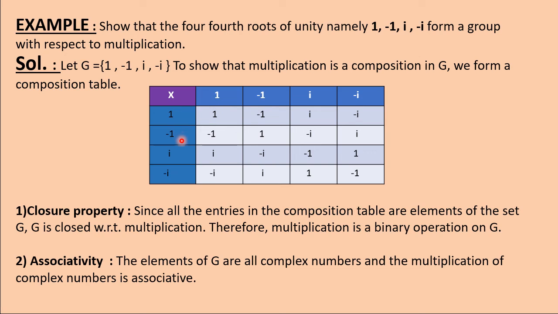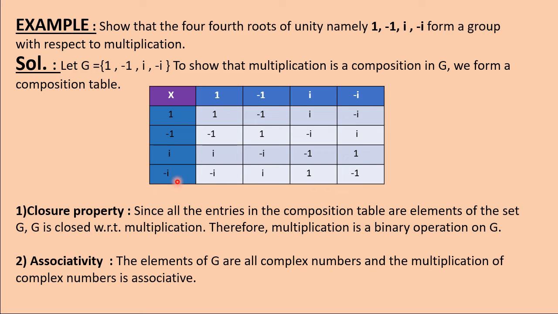Now next one is minus 1. So inverse of minus 1 will be minus 1 since minus 1 into minus 1 is equal to identity element which is 1. Third one is inverse of I. It will be minus I since I into minus I is equal to identity element 1.